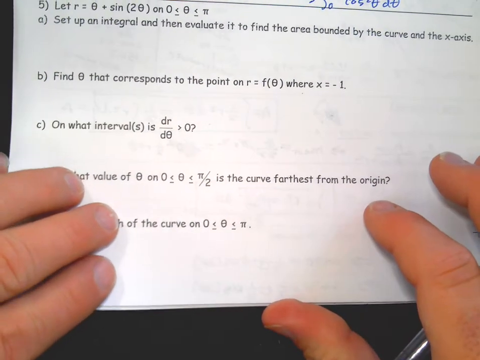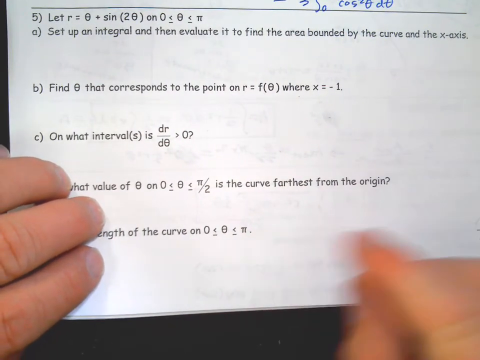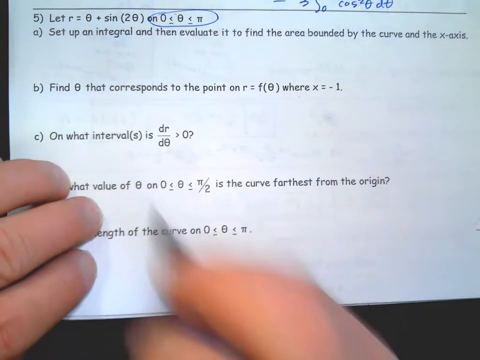Here's a problem that looks like a free response style problem. Set up an integral and then evaluate it to find the area bounded by the curve and the x-axis. So there's this curve here.